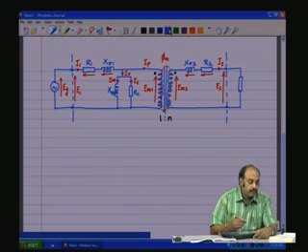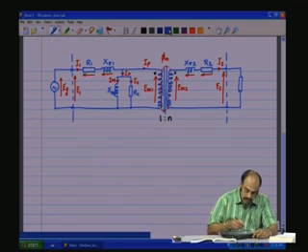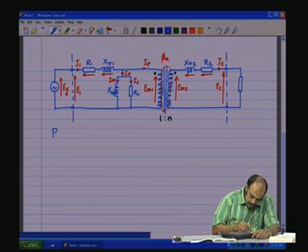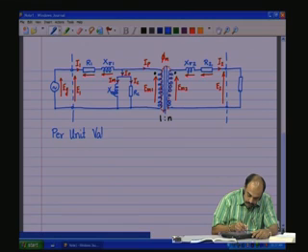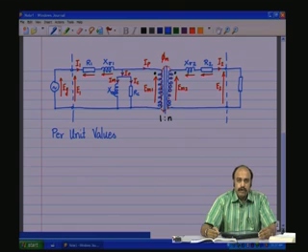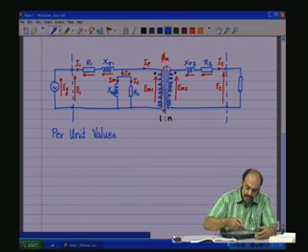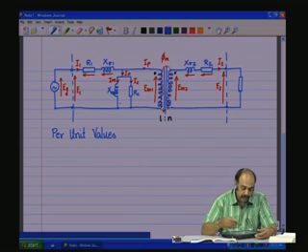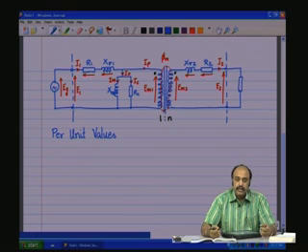The next topic we want to discuss is on the per unit values. Normally, it is advantageous to normalize the various parameters of the transformer. That is, you have the resistances, the impedances, the voltages, the currents, all these could be normalized with respect to some base value, and we have what is known as the per unit values.